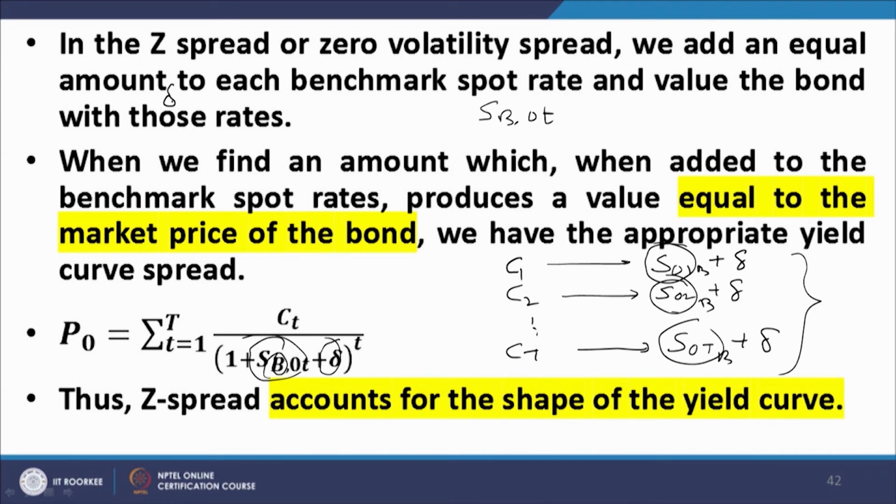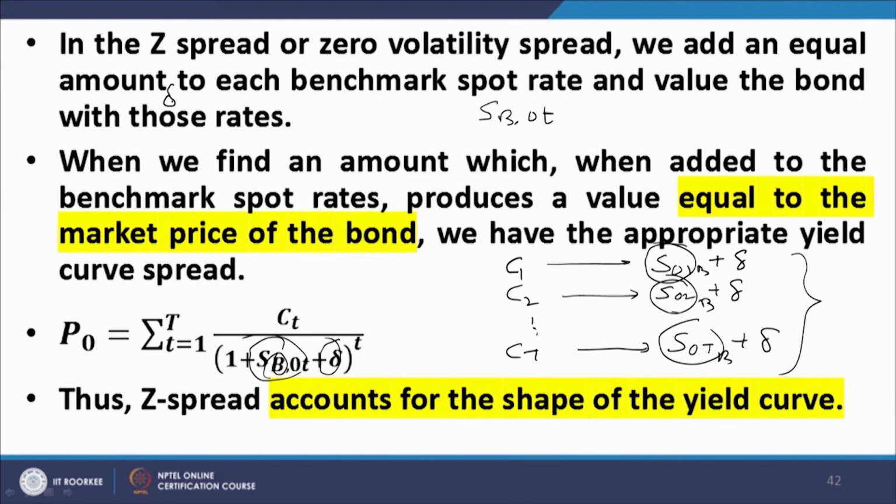Work out the valuation by discounting the future cash flows from the bond at the respective spot rates plus delta. When we find that delta such that these discounted values on the right hand side equal the current market price of the bond, we get what is called the Z spread. So, when we find an amount which, when added to the benchmark spot rates, produces a value equal to the market price of the bond, we have the appropriate yield curve spread.